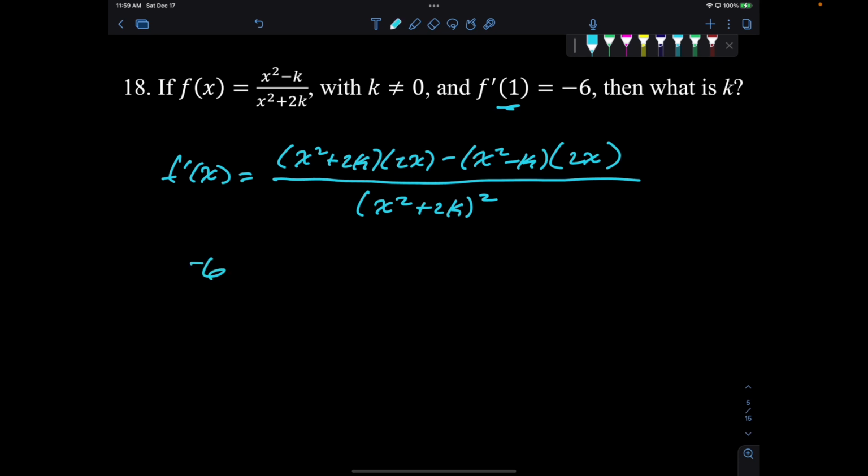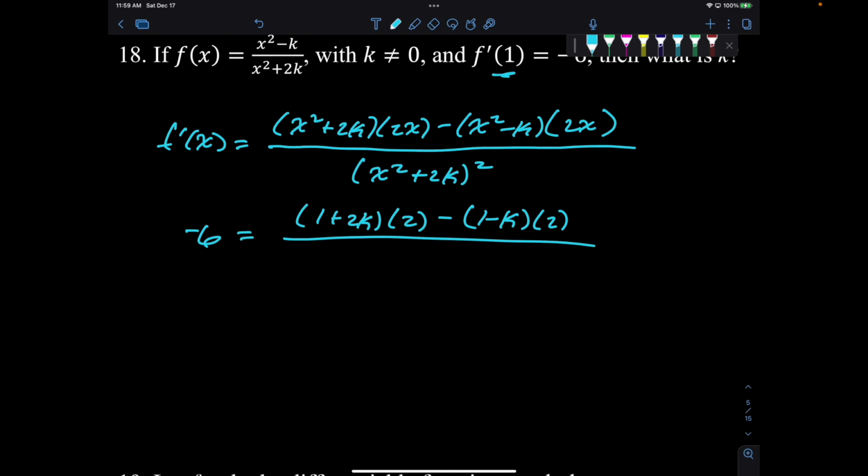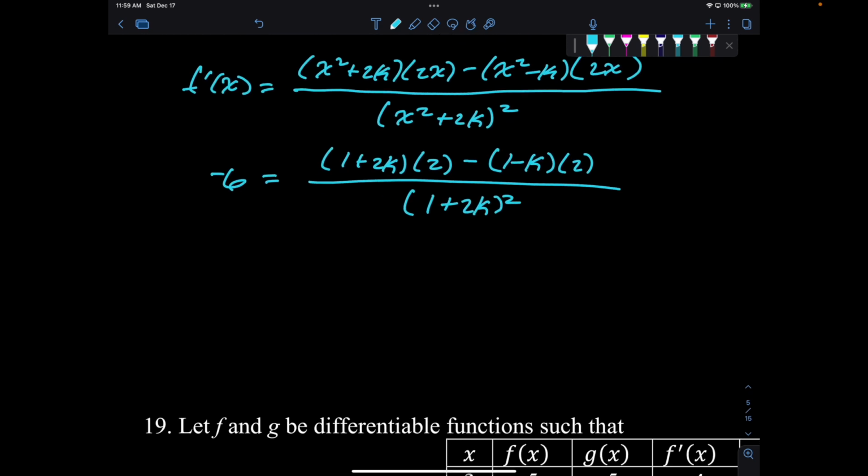So -6. I'm hoping that I chose -6 because it makes this math work out nicely. But I don't know about that. x is 1. So I get 1 plus 2k times 2, minus 1 minus k times 2. It's looking kind of linear, so that would be good. Well, now it's not. Over 1 plus 2k squared. Ugh. All right.